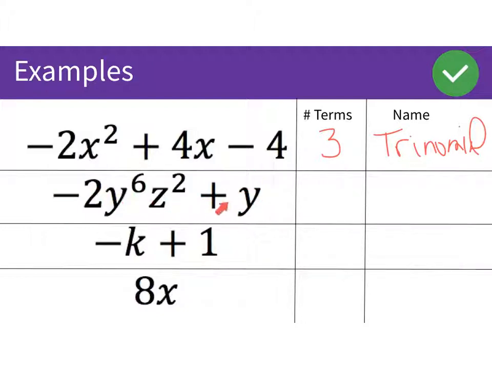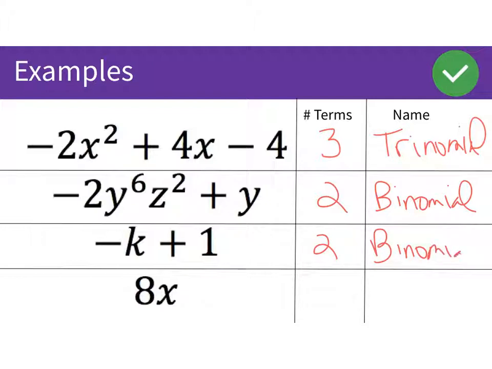So a total of 2 terms, and that makes it a binomial. And what about the next example? Well, it also just has 2 terms. It's called a binomial. And the last problem, that has 1 term, and those are called monomials. So hopefully you got all those right. So that's how we use those terms, monomial, binomial, and trinomial, and the word term.